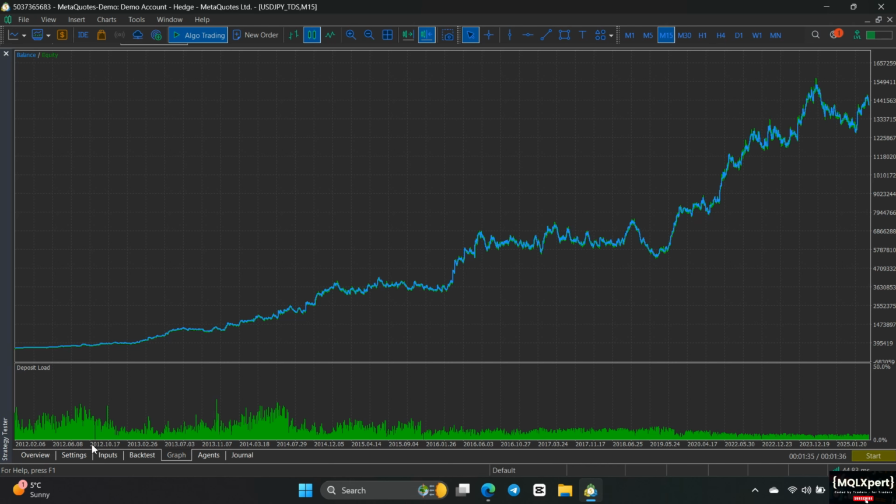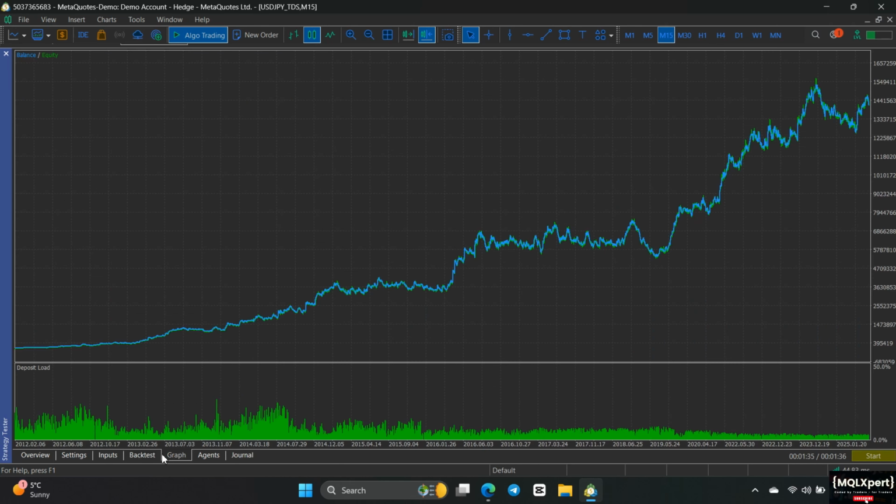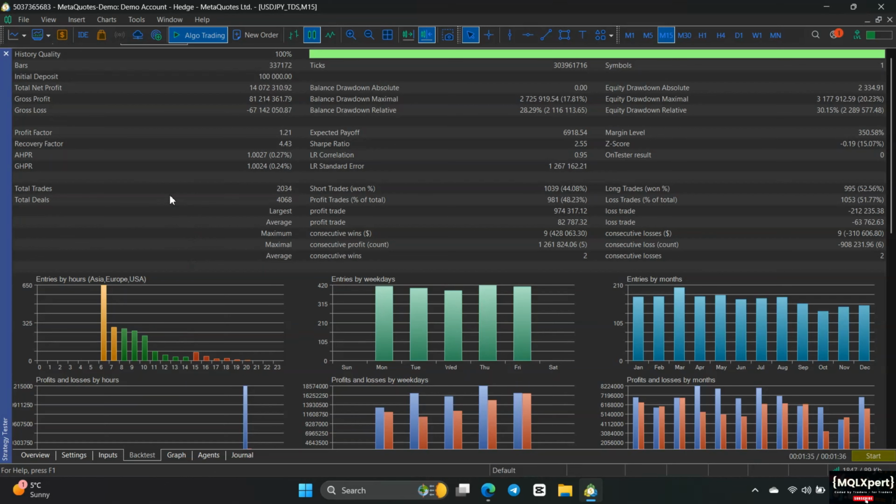So that's the graph for the last 14 years. If we go to the back test, you can see that we're using 100% history quality, which means this is as accurate as you're going to get. If you look at other people's videos like this, where they show you the graph of the performance of the EA that they're trying to sell you, that history quality will be 20 to 40%, which is really not realistic, and that is most likely going to be a scam.